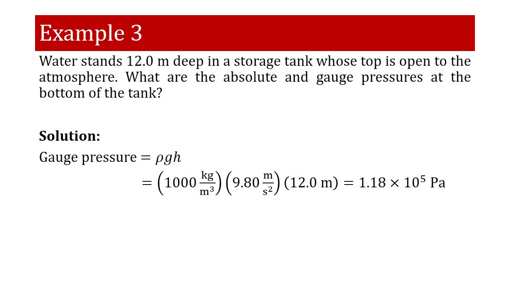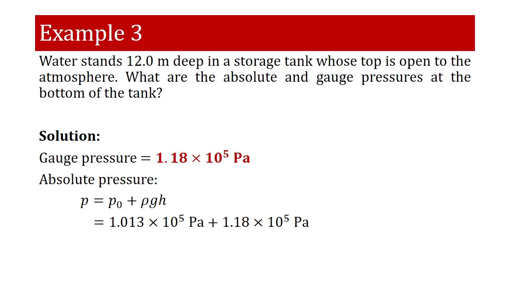You multiply that and you will get 1.18 times 10 to the 5 pascals. Next, the absolute pressure. You just add that value to atmospheric pressure: 1.013 times 10 to the 5 pascals plus 1.18 times 10 to the 5 pascals equals 2.19 times 10 to the 5 pascals.